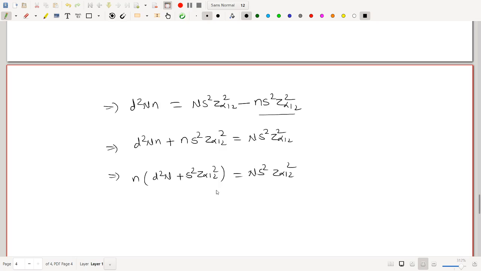Now we can send this one to this side, then we will get small n. So small n is equal to N S square z alpha by 2 square divided by d square N plus S square z alpha by 2 square.